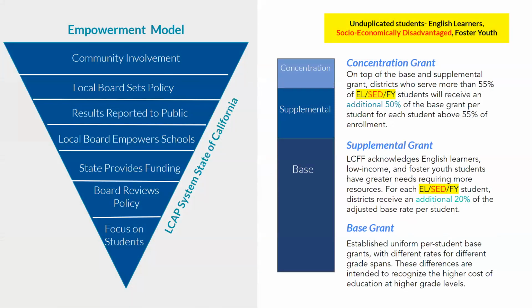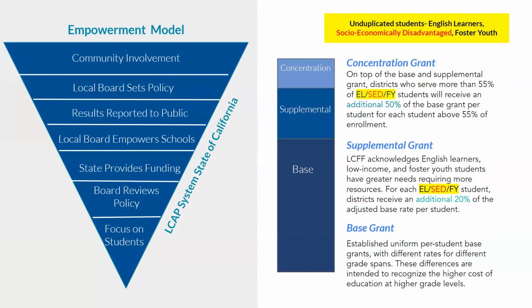The LCAP system in the state of California can be seen on the left side, and it's called the empowerment model. There's a focus on students, the board reviews policy, the state provides funding, the local board empowers schools, results are reported to the public, the local board sets policy, and there's community involvement.